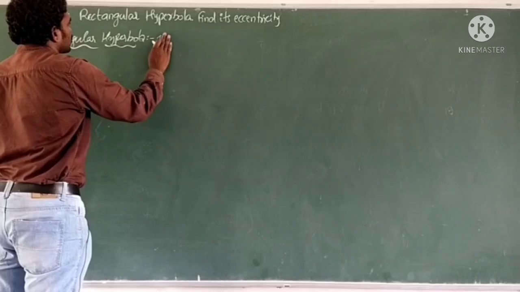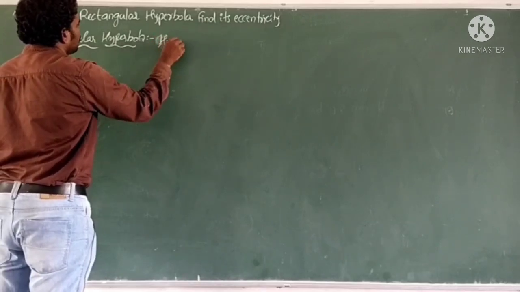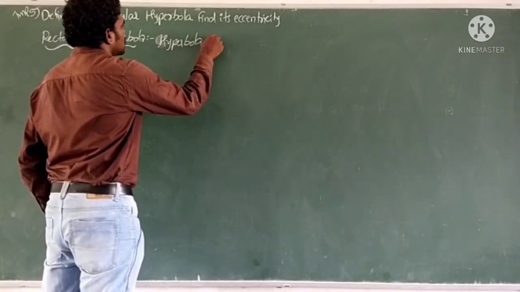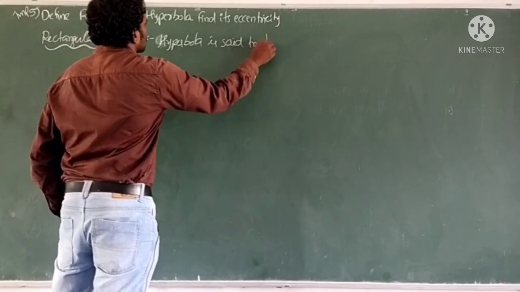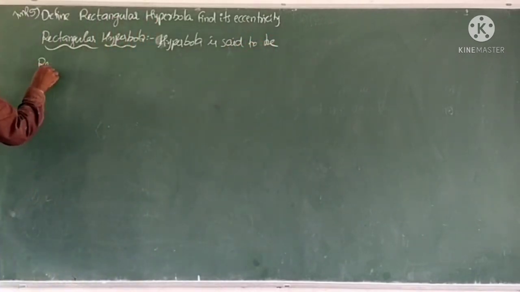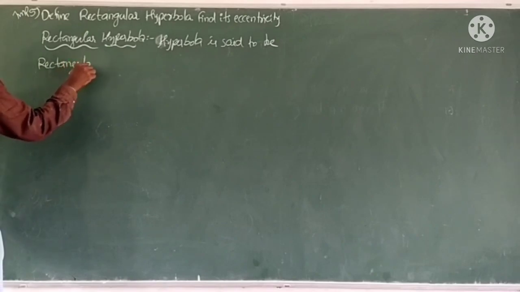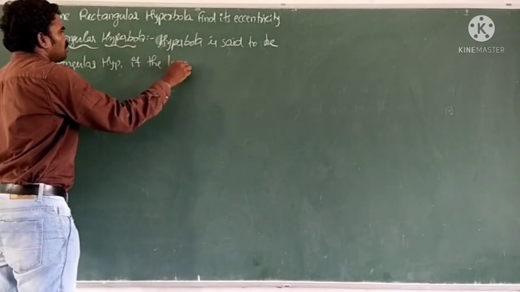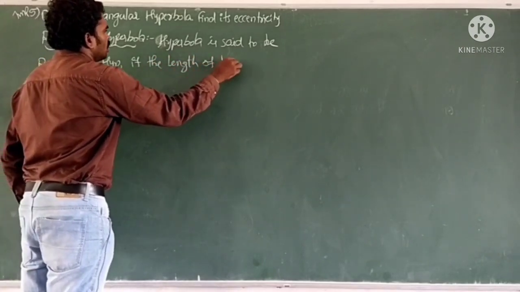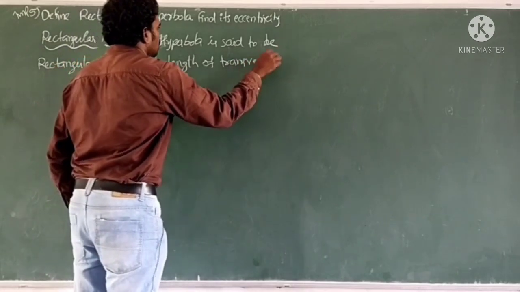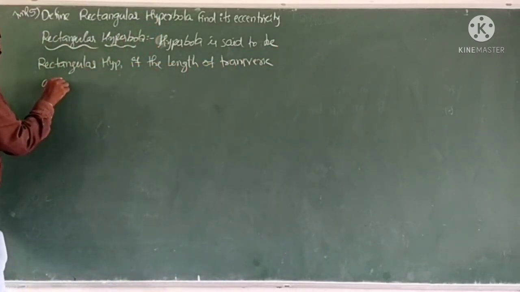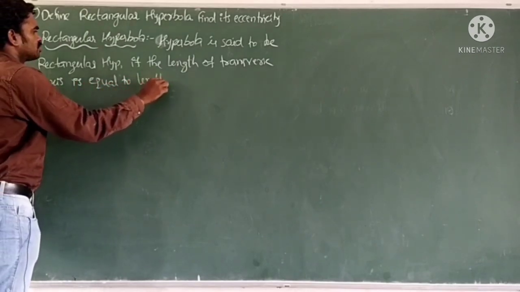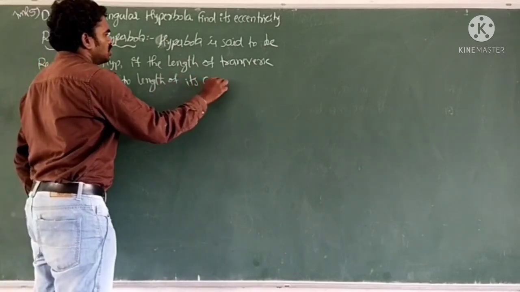If the hyperbola... write down, hyperbola is said to be rectangular hyperbola if the length of transverse axis is equal to length of its conjugate axis.